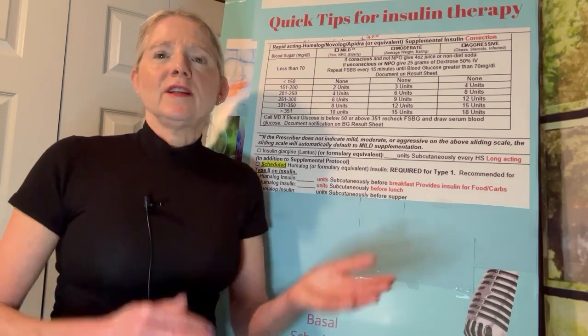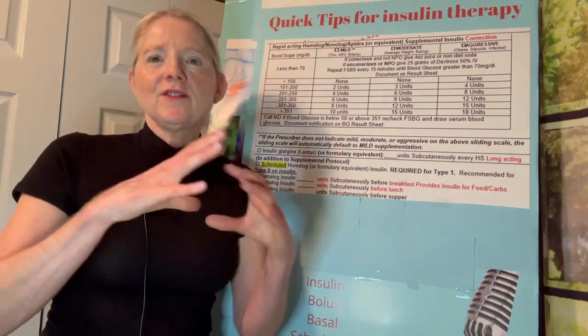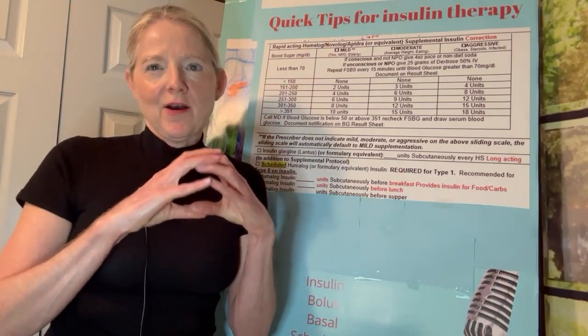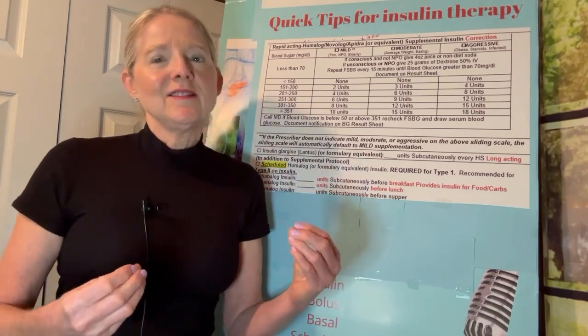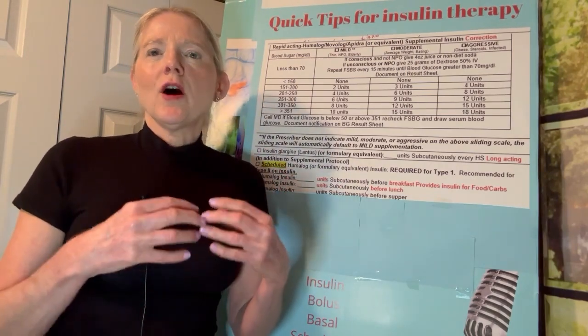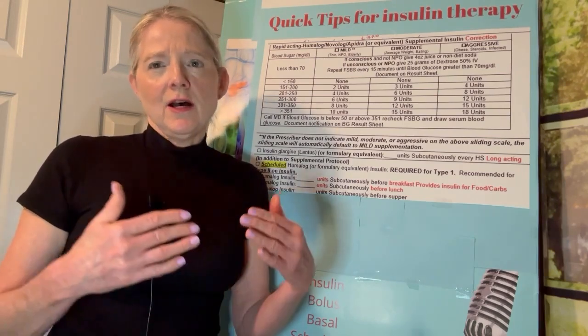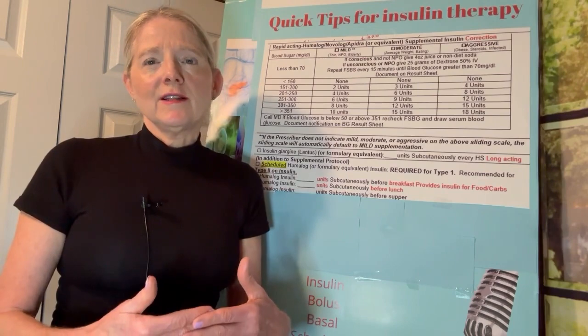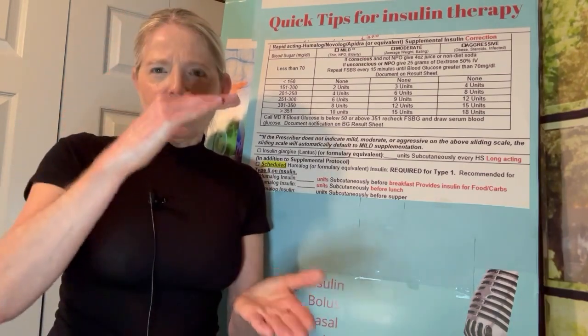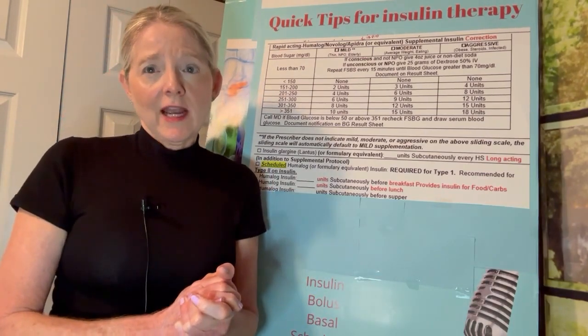So again, the goal is to keep the blood sugar in tighter ranges to keep our red blood cells healthy. It's a vascular disease that can complicate or cause poor wound healing, organ damage, and risk for stroke and heart attack just by not keeping those blood glucose in tighter ranges.